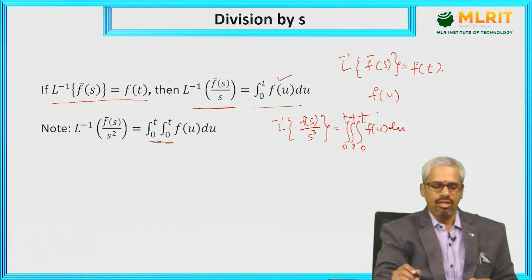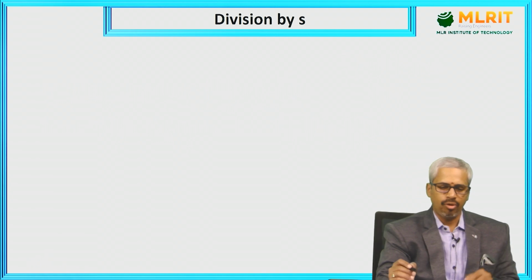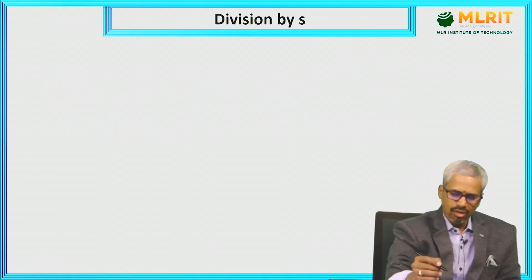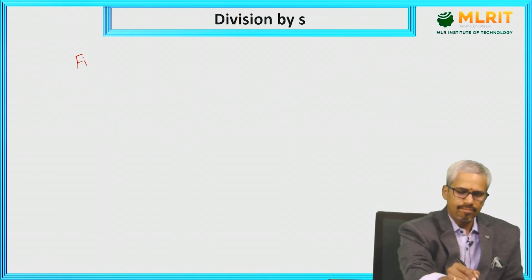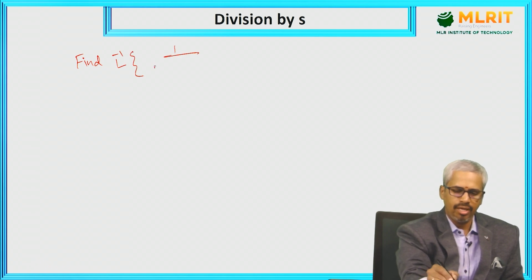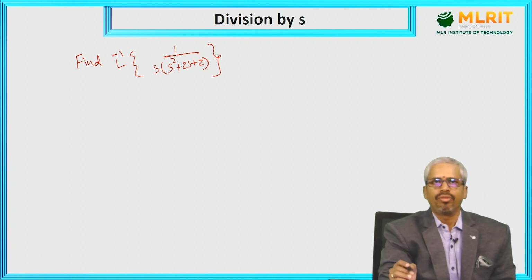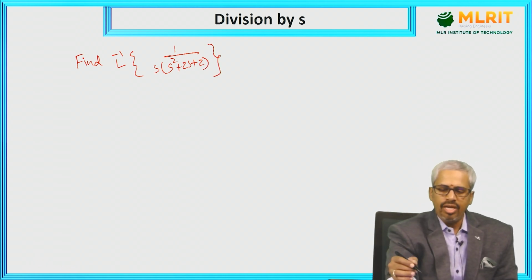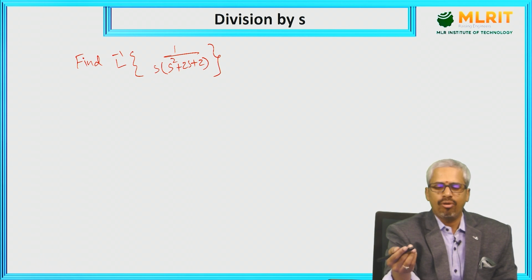So, let us see one problem on it. Find L inverse of 1 by s into s square plus 2s plus 2, right. We have to write this in the form of division by s.